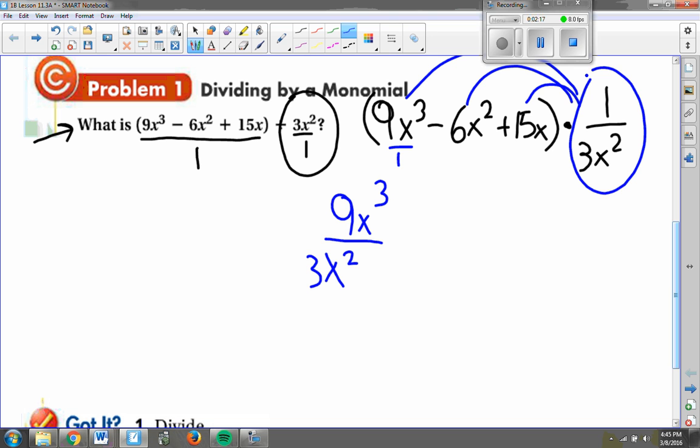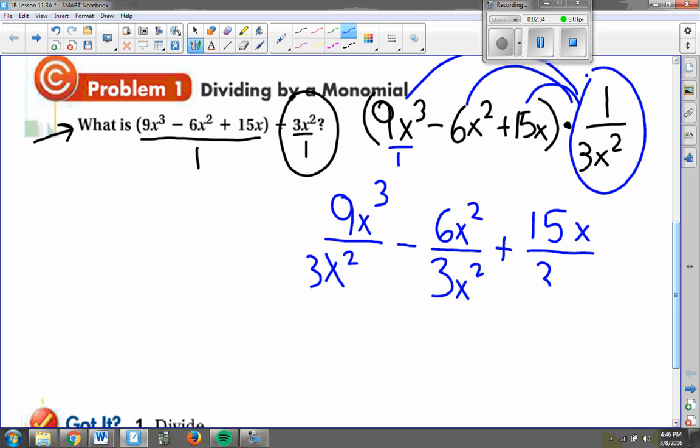Because it's like 9x to the third over 1. So now it's 9x to the third on the top, 3x squared on the bottom. In the same way, this is now 6x squared on the top and 3x squared on the bottom. And then 15x on the top and 3x squared on the bottom.